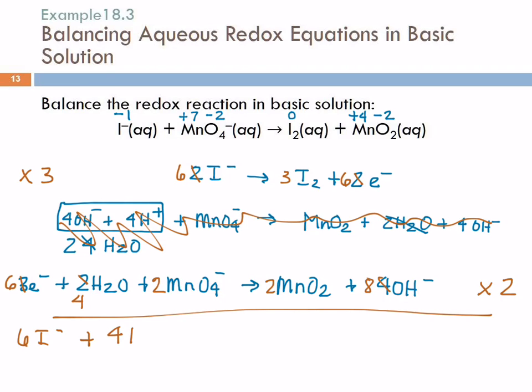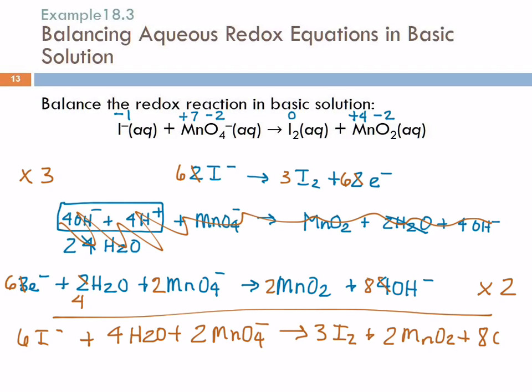Plus 4 water plus 2 MnO4 minus. And that's going to give us 3I2 plus 2 MnO2 plus 8 hydroxides. Any questions?